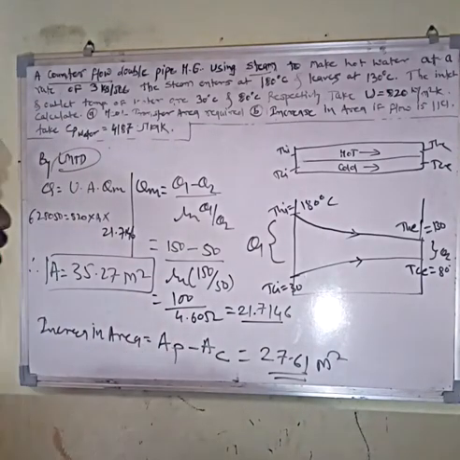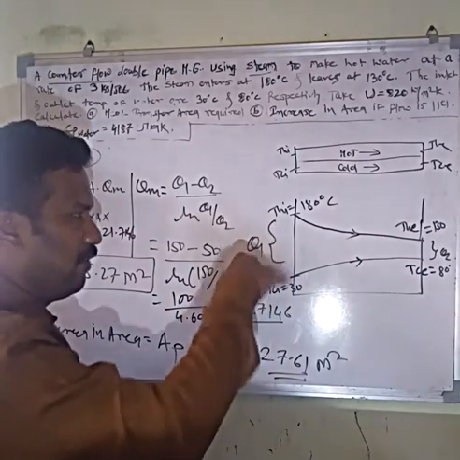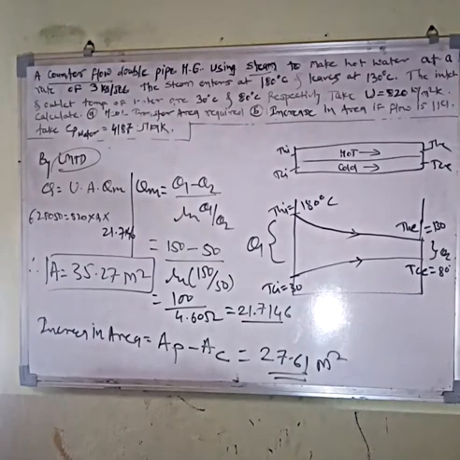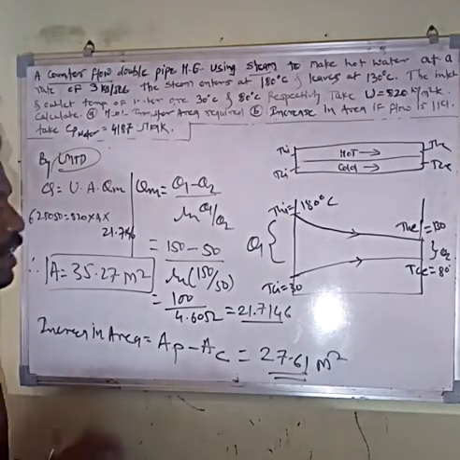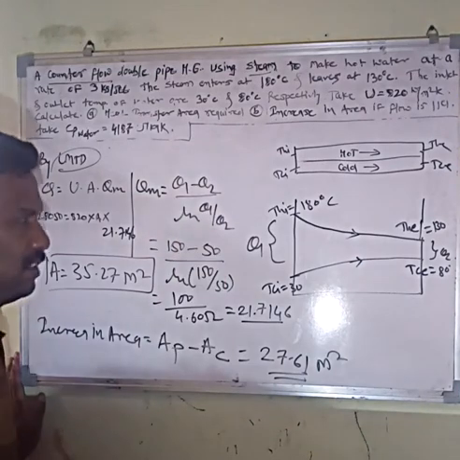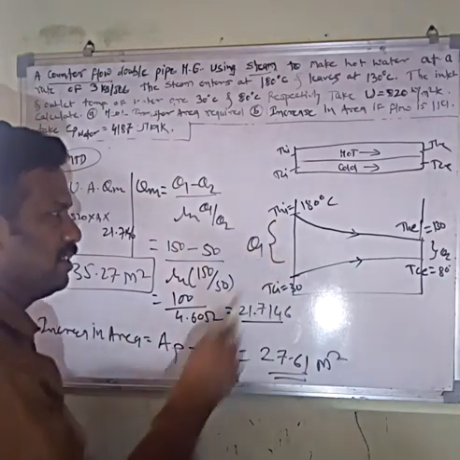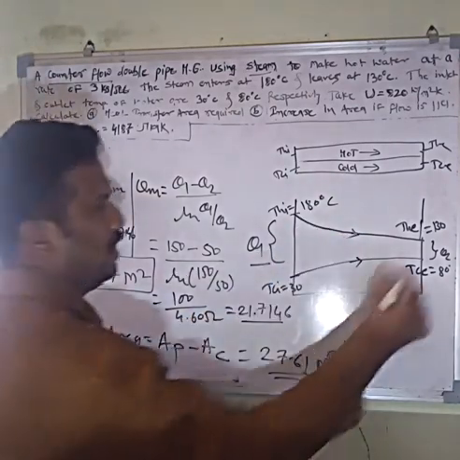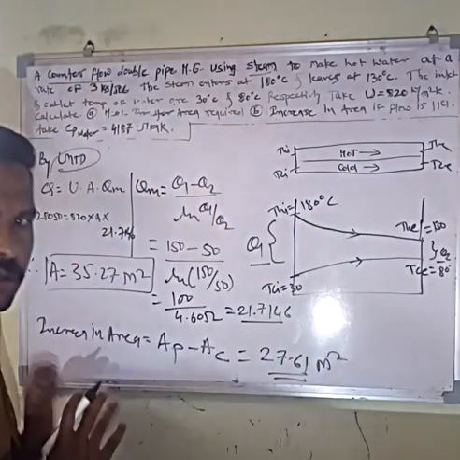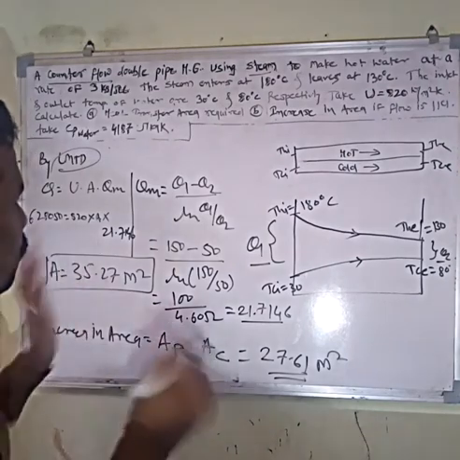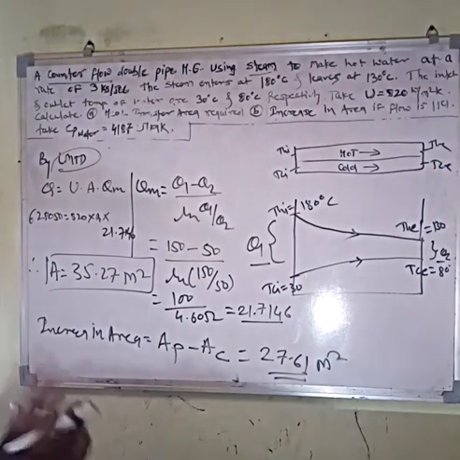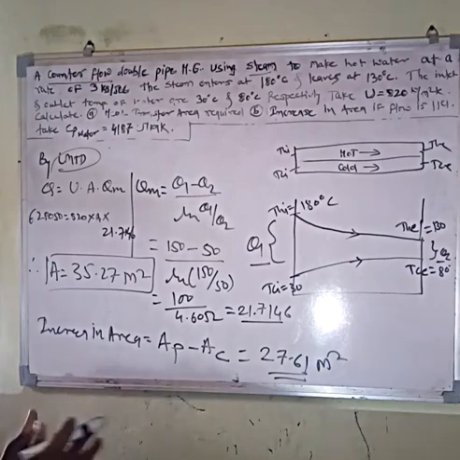Theta 1 is the left hand side difference and theta 2 is the right hand side difference. In parallel flow and counter flow heat exchangers, the left hand side temperature difference is always theta 1 and the right hand side temperature difference is always theta 2. So you just go through this problem, and by using the same technique you can solve any LMTD problem. And in the next lecture we will see one NTU problem.